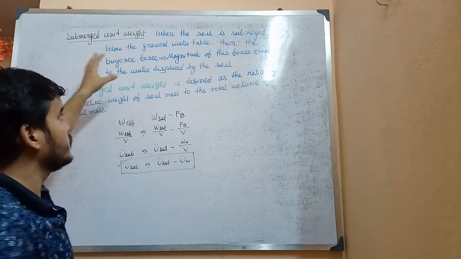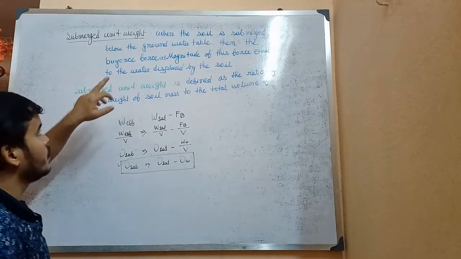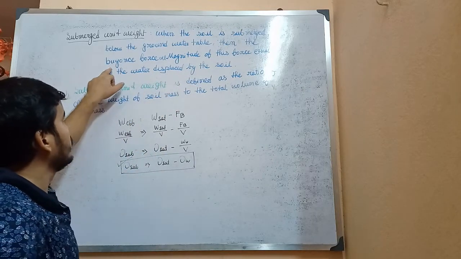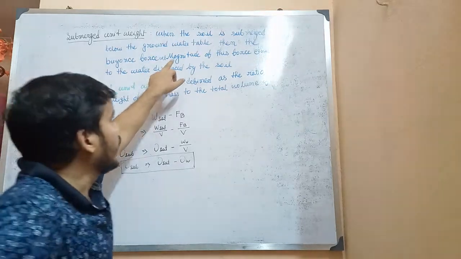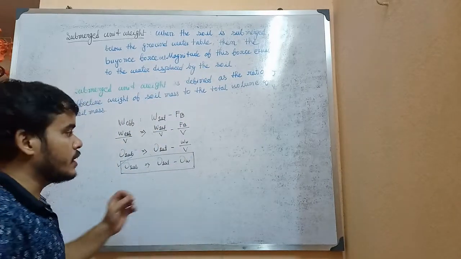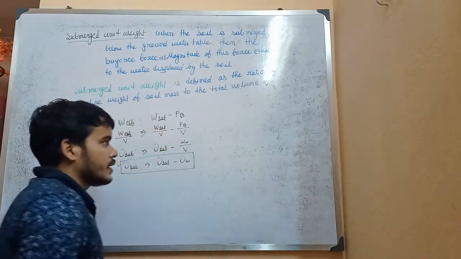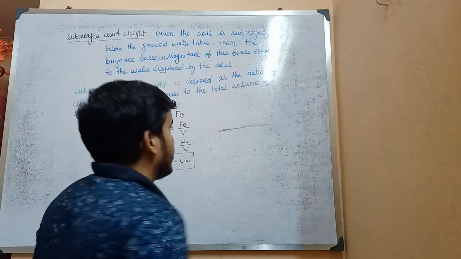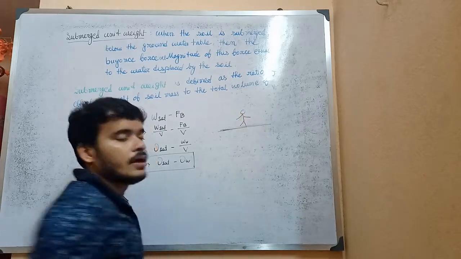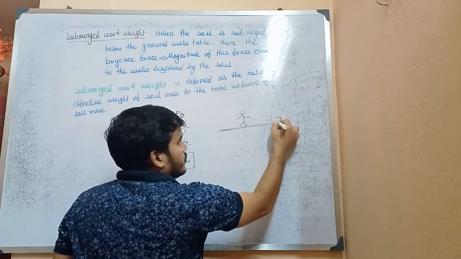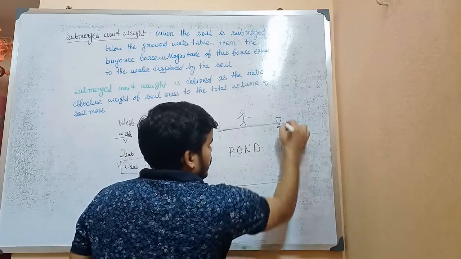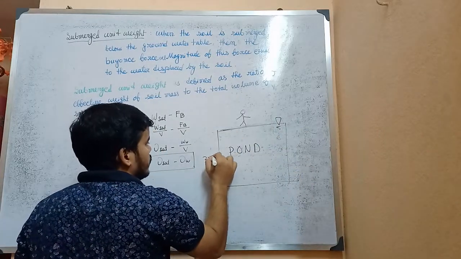Write it down, submerged unit weight. So what is the definition of this? When the soil is submerged below the groundwater table, then the buoyancy force acts, and the magnitude of this force is equal to the weight of the water displaced by the soil. What does that mean? Imagine you are standing beside a pond, and the depth of this pond is 3 meters.